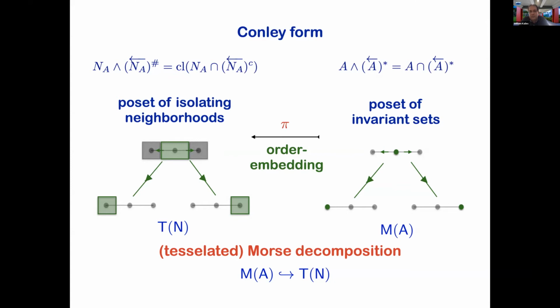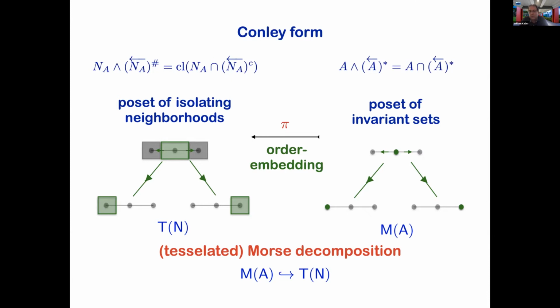And what's the difference between a Morse representation and a Morse decomposition? Well, in a Morse decomposition, you want to have the freedom of allowing the sets that you're looking at to have an empty invariant set inside of them, because things can bifurcate to the empty set.